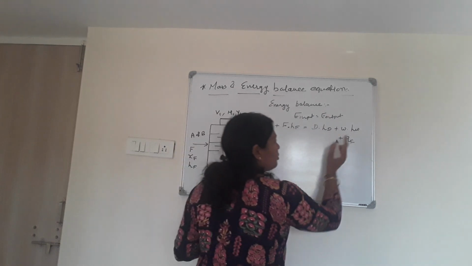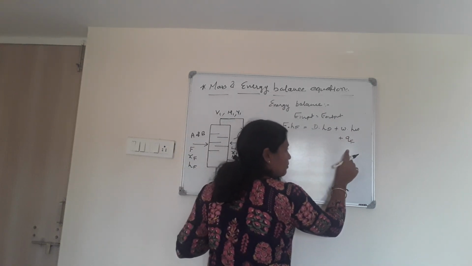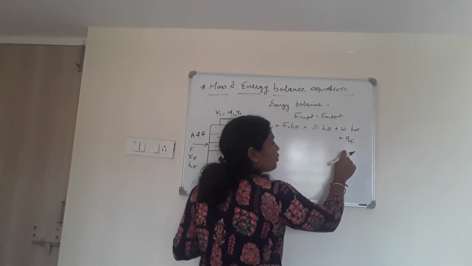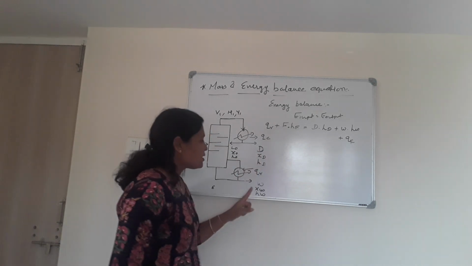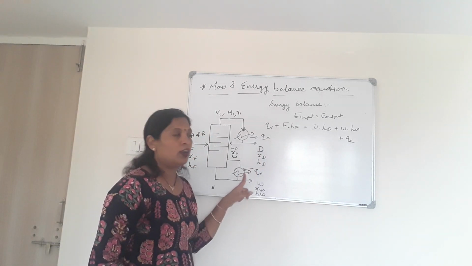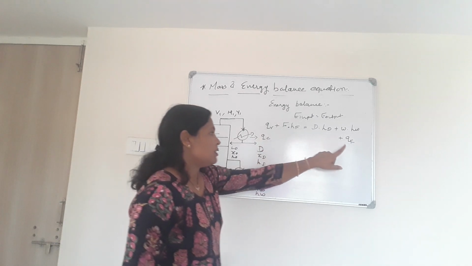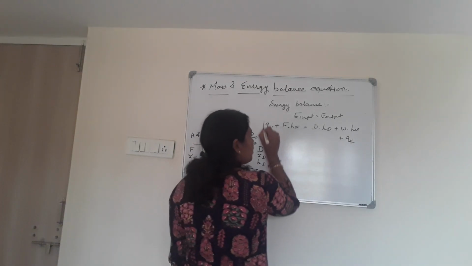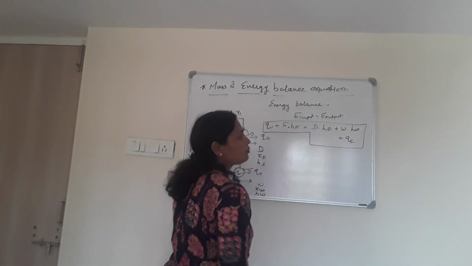So energy output becomes D into HD plus W into HW plus QC. We have to consider this QC over here and QR over here, because QR is the amount of heat added in the boiler and QC is the amount of heat that is removed in the condenser. So this is the overall energy balance equation for a distillation column.